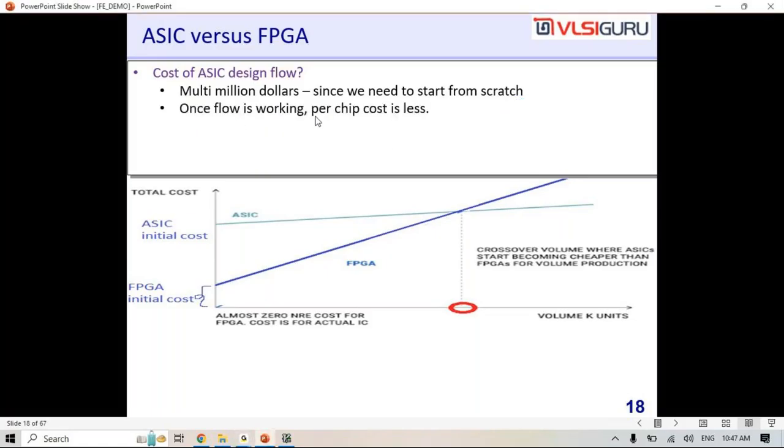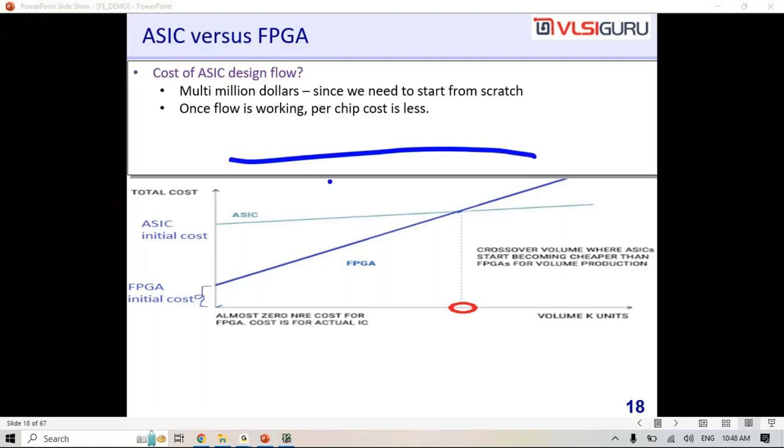Once the flow is working, per chip cost will be less, because once you know this is the flow I have to follow, you have that model. You can take a simple analogy here: it's like movie making. To make a movie, let's say it takes 500 crores.